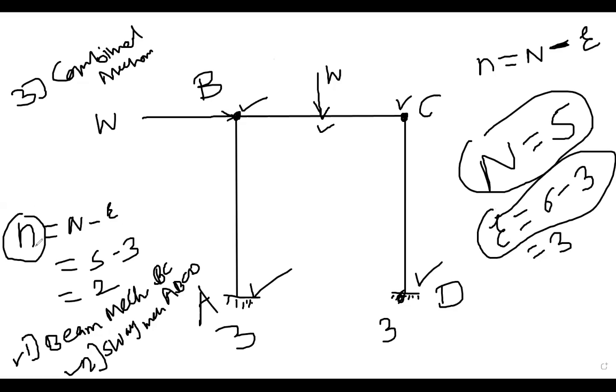Whatever the value of small n, that is the number of independent mechanisms required. So for this case, fixed ends at A and D, and the load is at the center of beam BC, there are two independent mechanisms: beam mechanism BC and sway mechanism for the ABCD frame.